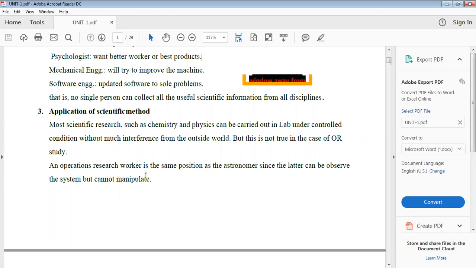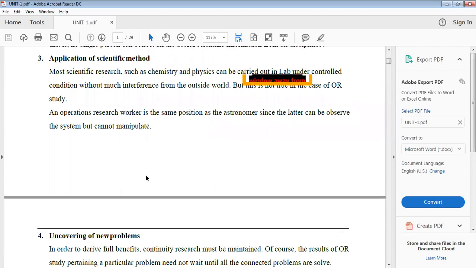The only thing is that one can observe from outside, and therefore it depends on the circumstances and on the availability of the data. One can find an optimum solution to the problems that are arising in a particular factory.